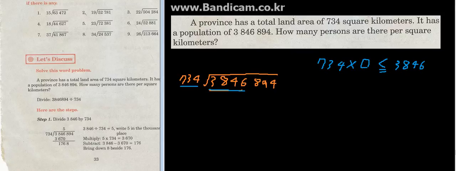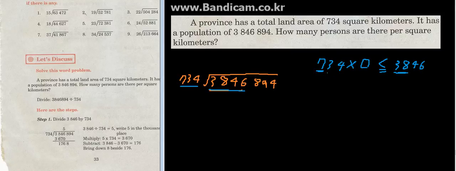One simple way is to look at the leading digits: the divisor is about 700-ish, and the dividend is about 3,800-ish.